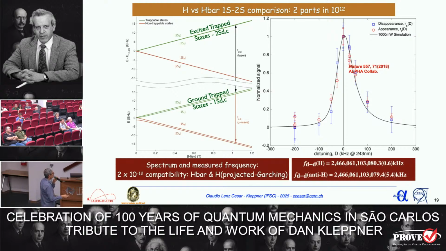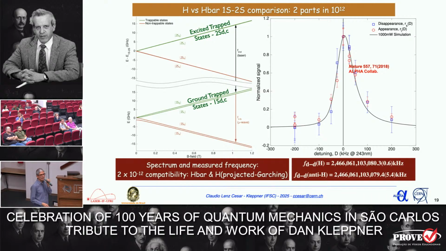And this is the first spectrum of antihydrogen, and it was done by two different methods. And if you look at the frequency we measured, 2.466 and so on kilohertz. Okay, this number is so beautiful that it's in one of my secret passwords for the bank. Okay, I use some of this number.